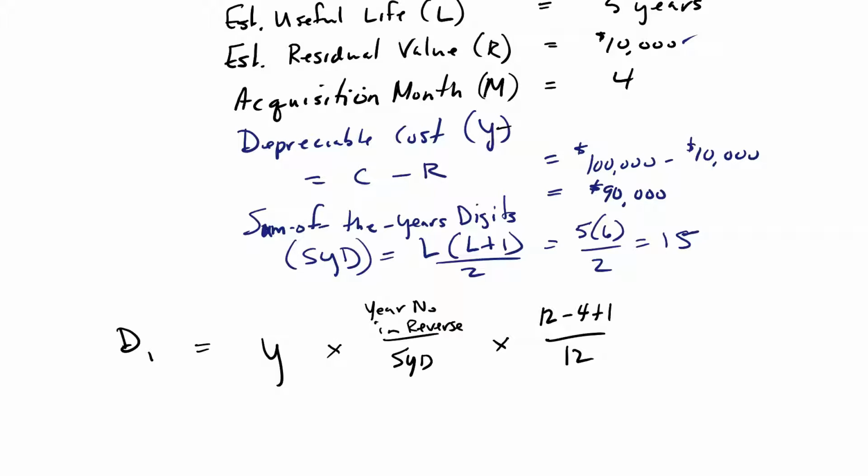So it's 12 months minus the number of the month of acquisition. But since we want to back that up to the beginning of the month, we add 1 to capture that. If we didn't add the 1, we would be beginning our depreciation on May 1st. But by adding the 1, we're effectively backing the depreciation up to the beginning of April. So that will give us the fraction 9 over 12 then.